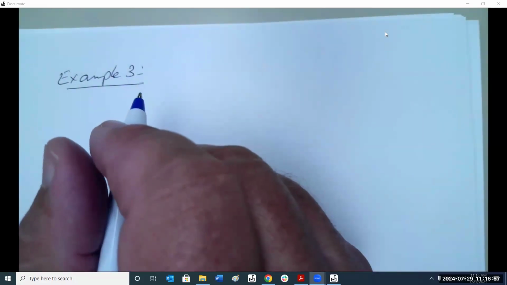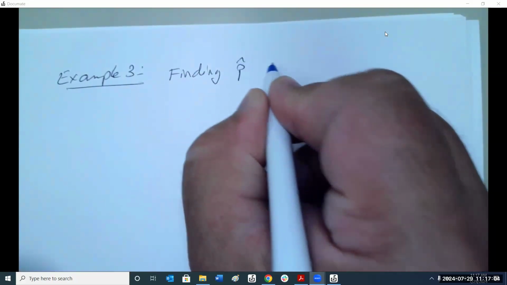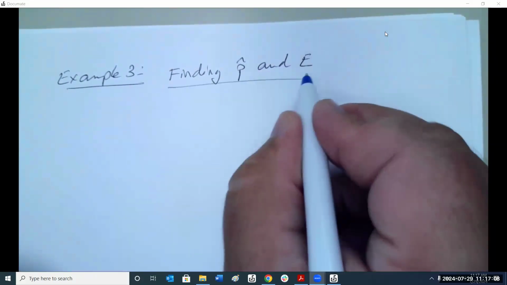Finding sample proportions and E, margin of error.